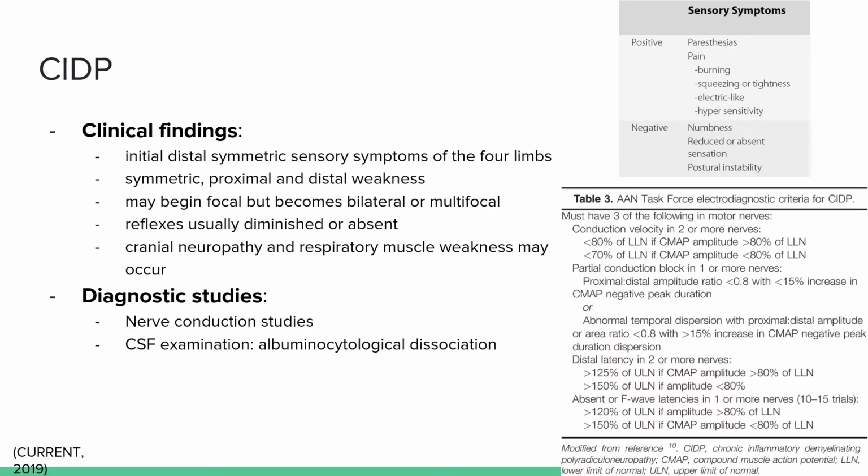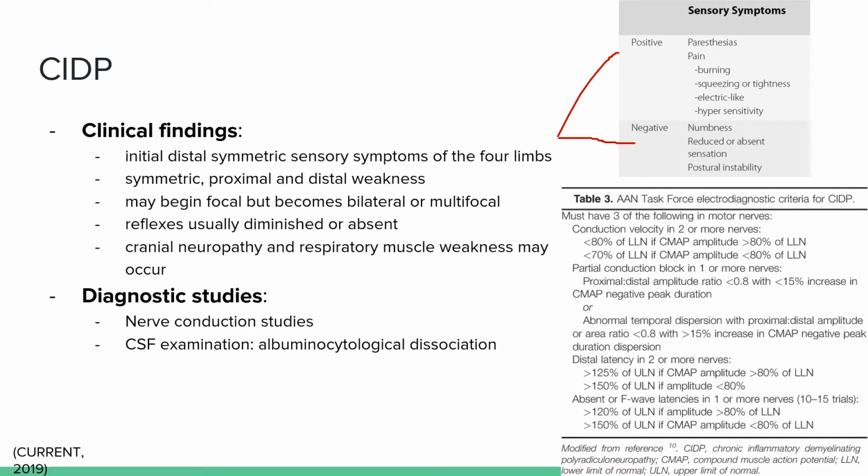The clinical findings of CIDP: initially there are distal symmetric sensory symptoms of the four limbs. This can be either positive or negative symptoms. In this table, we can see the differences between those. Positive symptoms are paresthesias and pain, and negative symptoms are principally numbness, reduced or absent sensation, or postural instability.